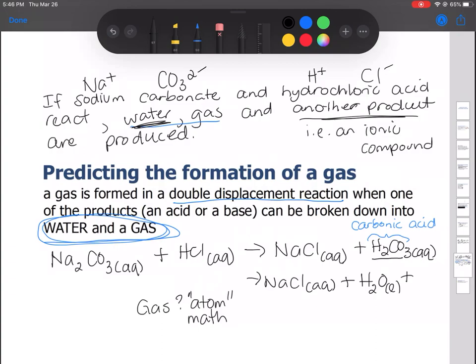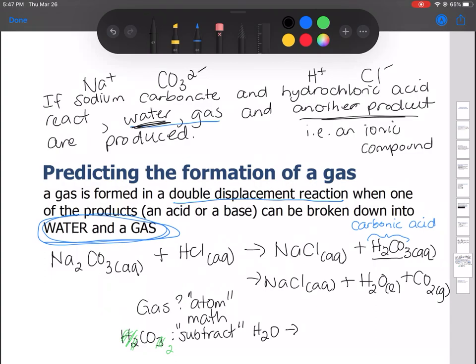Okay, so if we have carbonic acid or hydrogen carbonate, it really doesn't matter what you think of, and you subtract H2O, then you get rid of these two H's and you get rid of one of these O's. And what are you left with? Oh, CO2. Is that a gas we know? Yes, that is carbon dioxide.